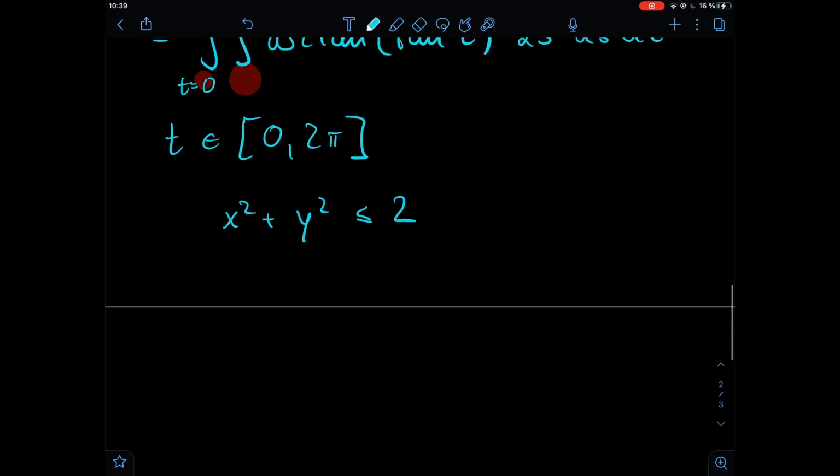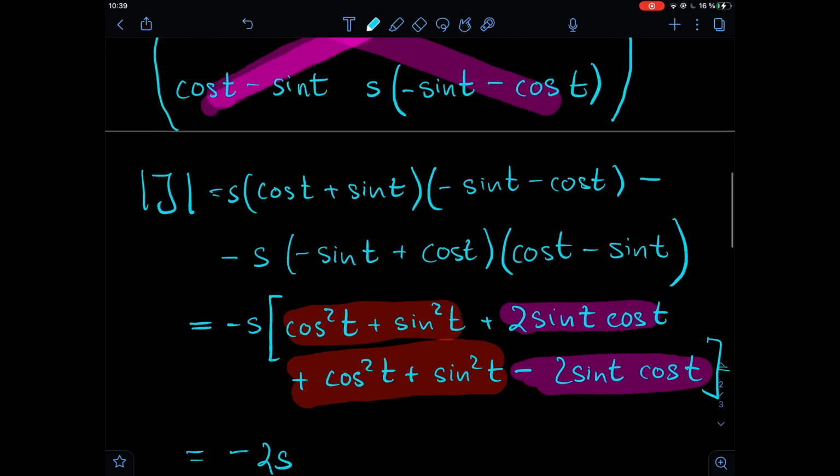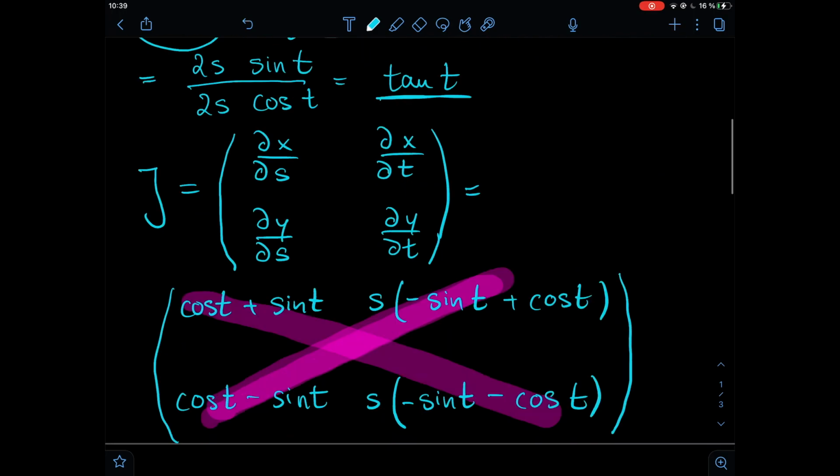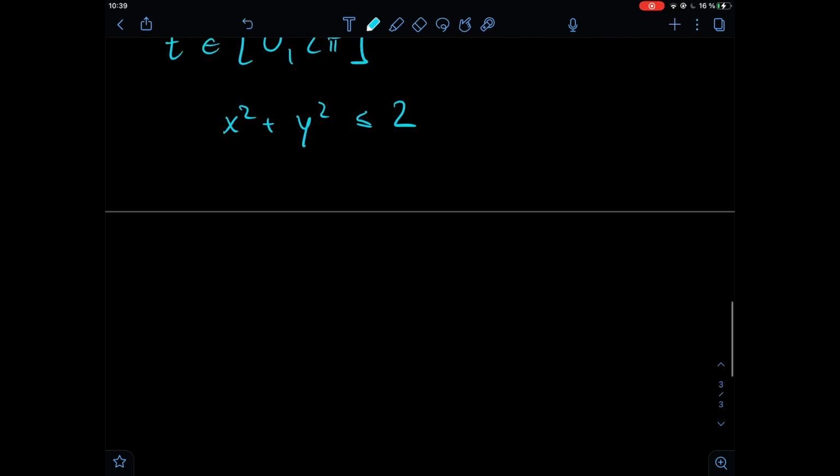So now we plug in what we got for x. We have x above here as s times cosine of t plus sine of t. So we have s squared times cosine of t plus sine of t in brackets squared. And then we plug in the y, which is s squared, like the x, but just with a minus.